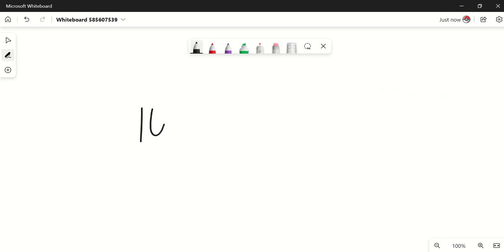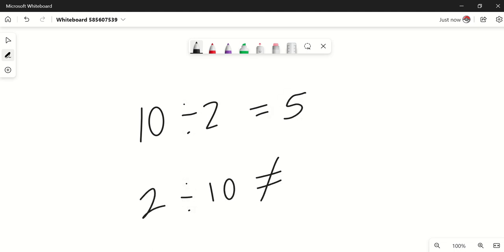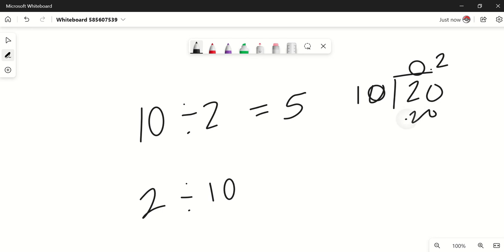For example, if I do 10 divided by 2, that will equal 5. 2 divided by 10 does not equal 5. This will equal something completely different. And I can show you exactly what it'll be. 10 will not go into 2, so we put a 0 and a decimal, bring down a 0. 10 can go into 20 twice. And 2 divided by 10 will equal 0.2.